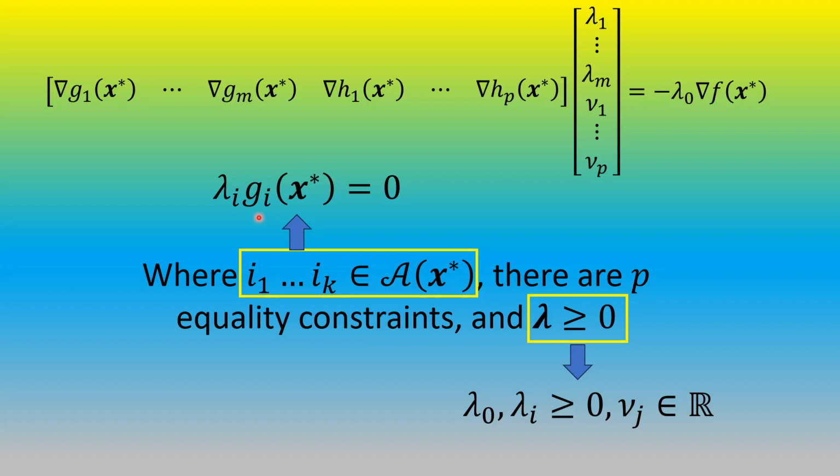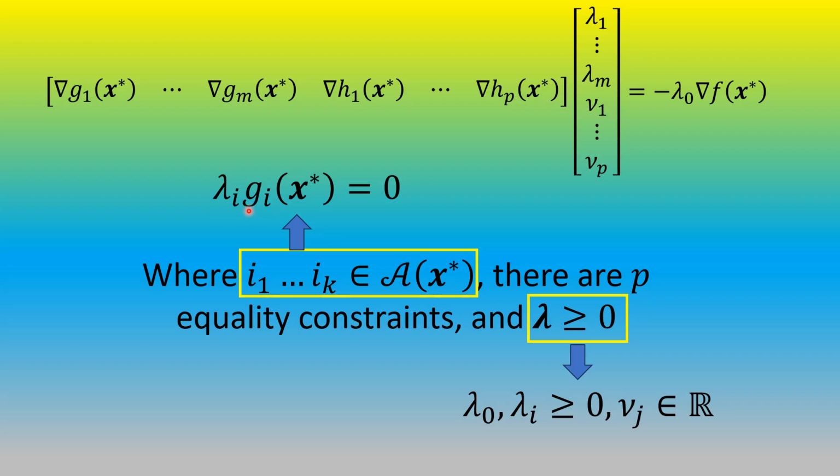That means that g sub I of x star is 0. Then lambda would have to influence it by being either 0 or non-zero. It depends, because the goal is for lambda to influence it such that the directional derivative in the direction of d of g sub I, or the gradient of g sub I, is less than or equal to 0.